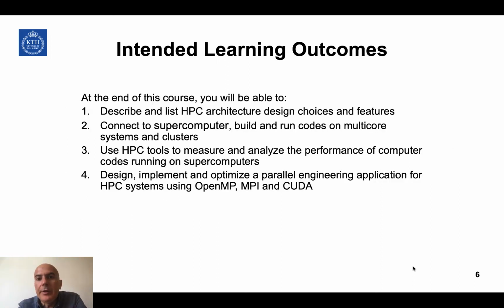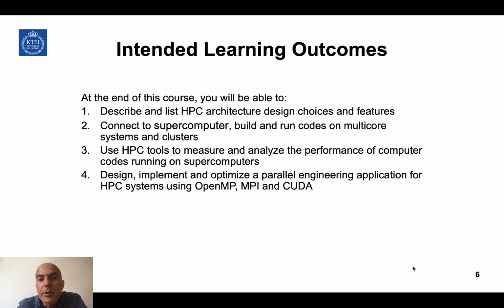The intended learning outcomes for the course are the following. By the end of the course, you will be able to describe and list HPC architecture design choices and features. You will learn how to connect to a supercomputer, build and run codes on multi-core systems, clusters, and GPUs.